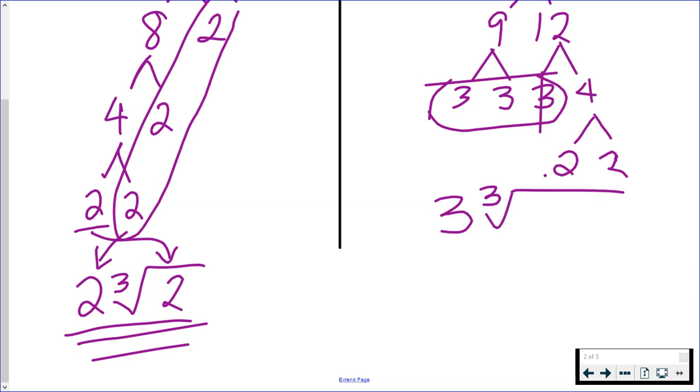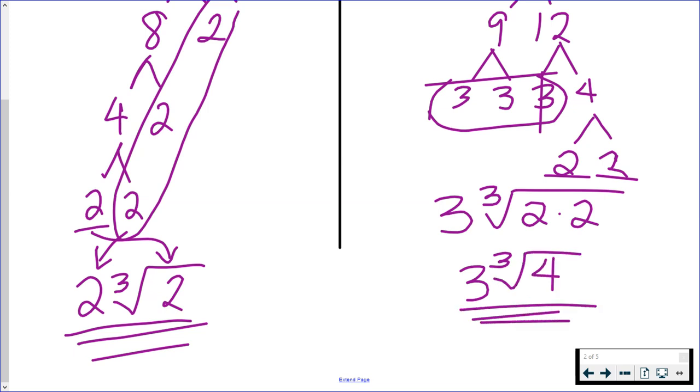And then I've got 2 2's left over. Each 2 stays in, sorry. And you multiply them together. So that would be your final answer.